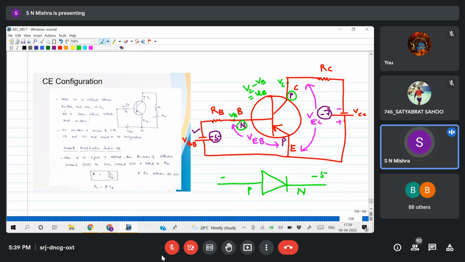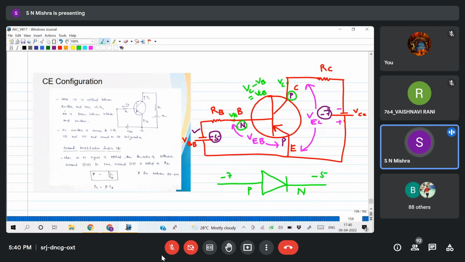What is connected to the P side? Minus 7. Now tell me, is it reverse biased or forward biased? Reverse. Minus 5 is more than minus 7. So that's why the N side is at higher potential, the P side at lower potential. So this junction is reverse biased.